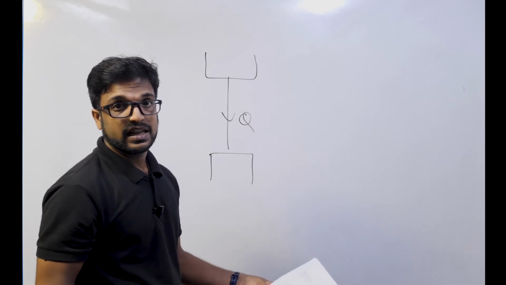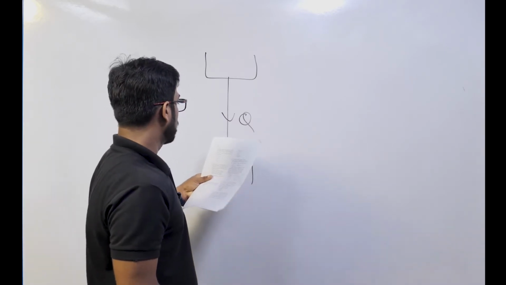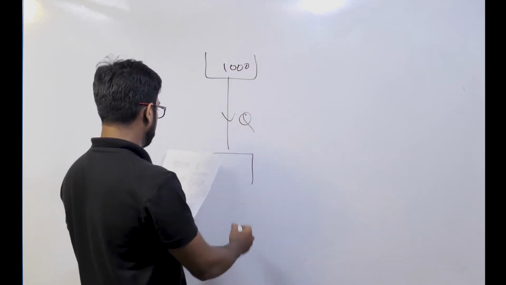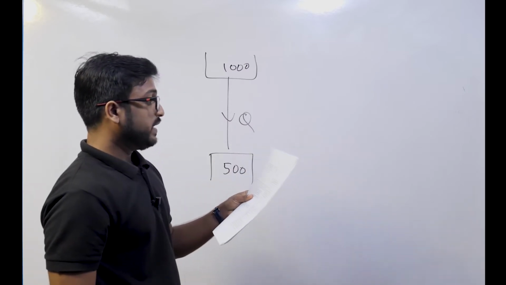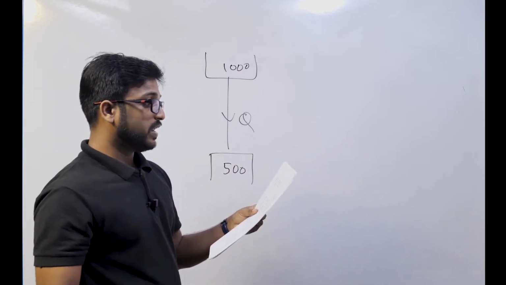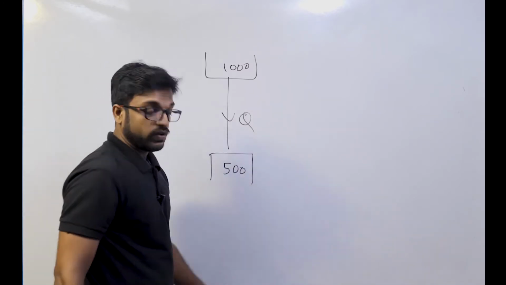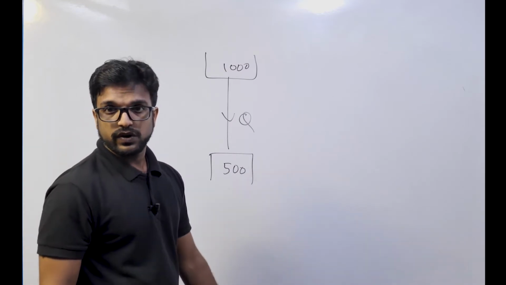They didn't mention anything like that. They simply mentioned heat is flowing between two reservoirs. One is at 1000 Kelvin and the other one is at 500 Kelvin. They said that if the entropy change of the cold reservoir is 10 kilojoule per Kelvin, then what is the entropy change of the hot reservoir?